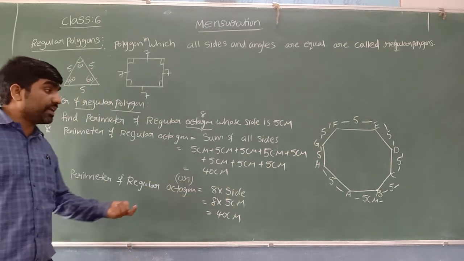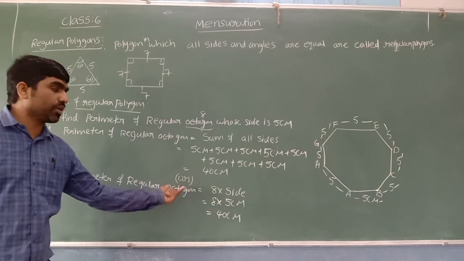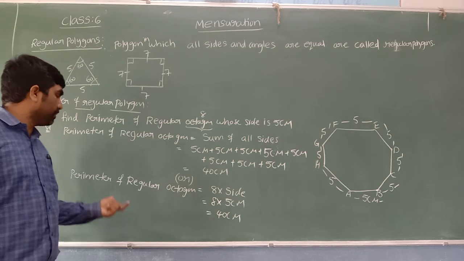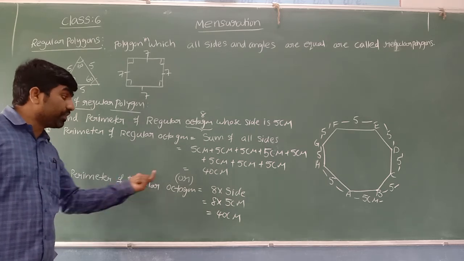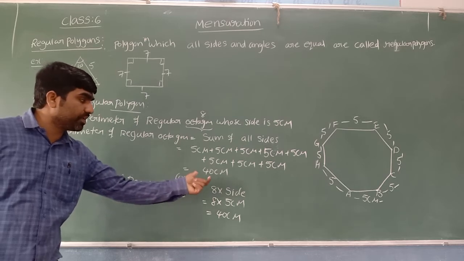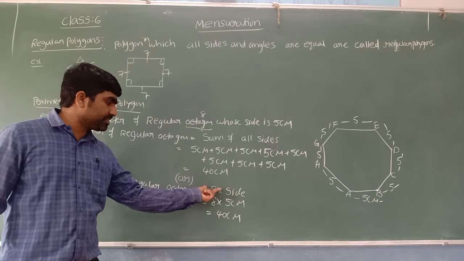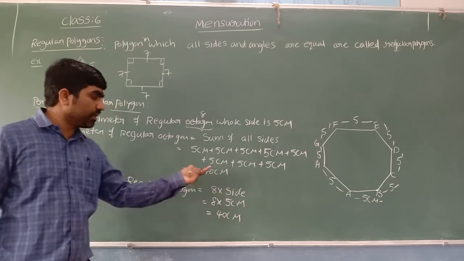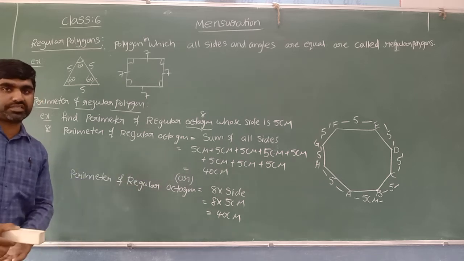Sir, suppose if it has 6 sides, we call it a regular hexagon. Regular hexagon, 6 into side to find the perimeter. Suppose you have 7 sides, the perimeter of a regular septagon is 7 into side. Number of sides and length of side, so that we get the perimeter of that regular polygon instead of adding all the sides.